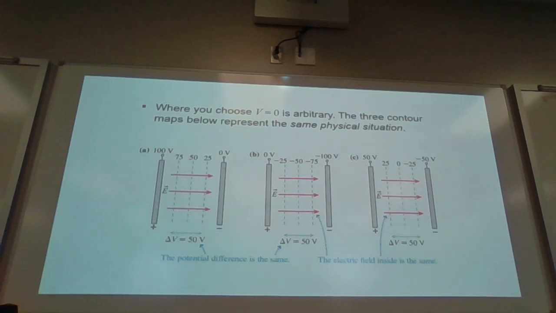Like with the 12-volt battery, doesn't that just make the whole thing arbitrary? Like how does that work? It's still 12 volts. The electric potential difference across the terminals is 12 volts.